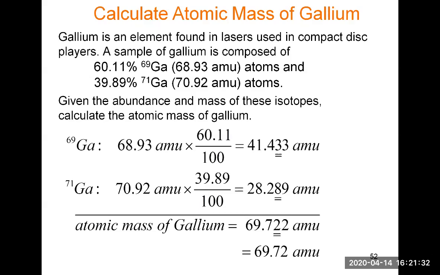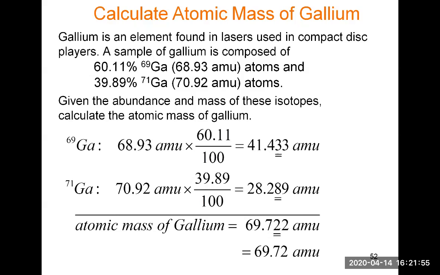Gallium-71, so its contribution is 28.289. That would also be rounded to 4 sig figs if we were to round, because the mass has 4 sig figs and the percentage has 4 sig figs.